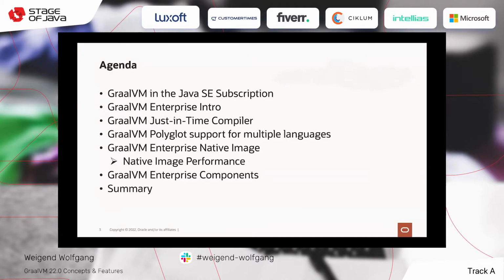I prepared the agenda for the talk. The first step is to mention how you can obtain the GraalVM Enterprise Edition. You need to have the Java SE subscription. The second part is an introduction into the enterprise technology of GraalVM with the three major features: the just-in-time compiler, the polyglot support for multiple languages, and the native image itself, to create one and to see the native image performance.